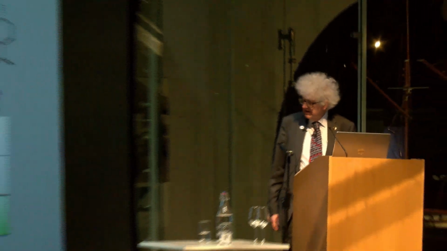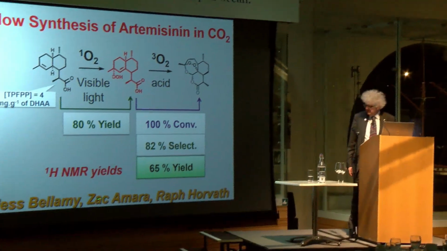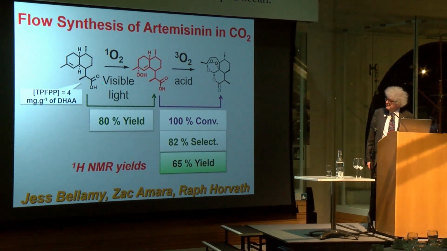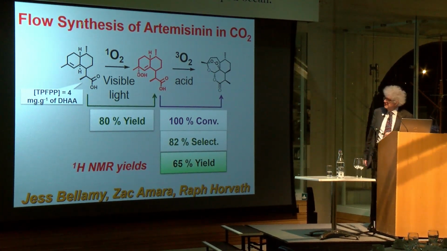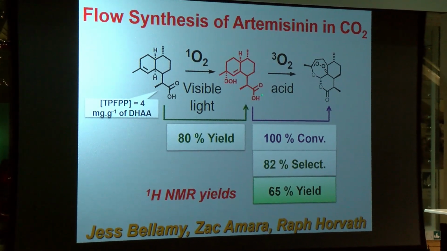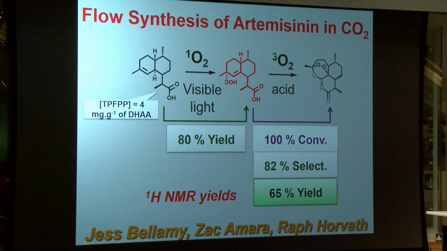It's our student Jess Bellamy and postdocs Zach Amara and Raf Horvath. And the reaction is in two stages. The first part has light and singlet oxygen. The second part has acid and uses ordinary oxygen with the unpaired electrons.